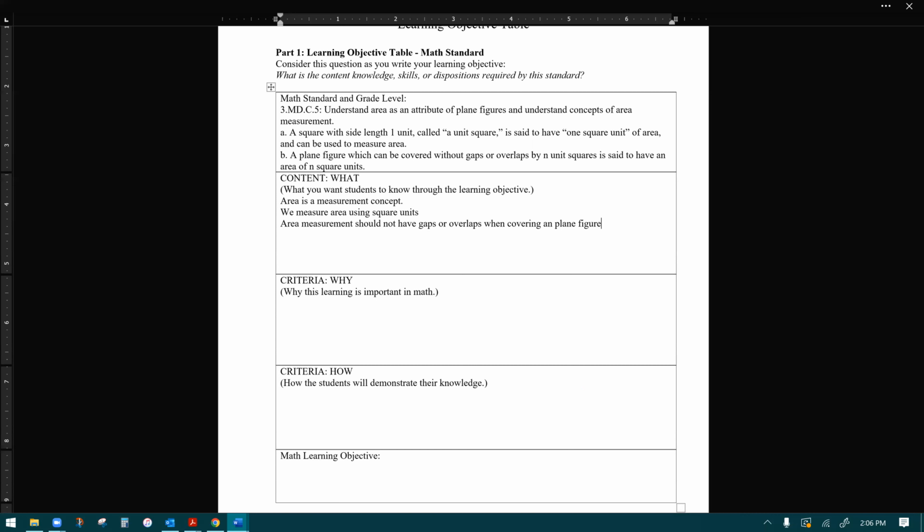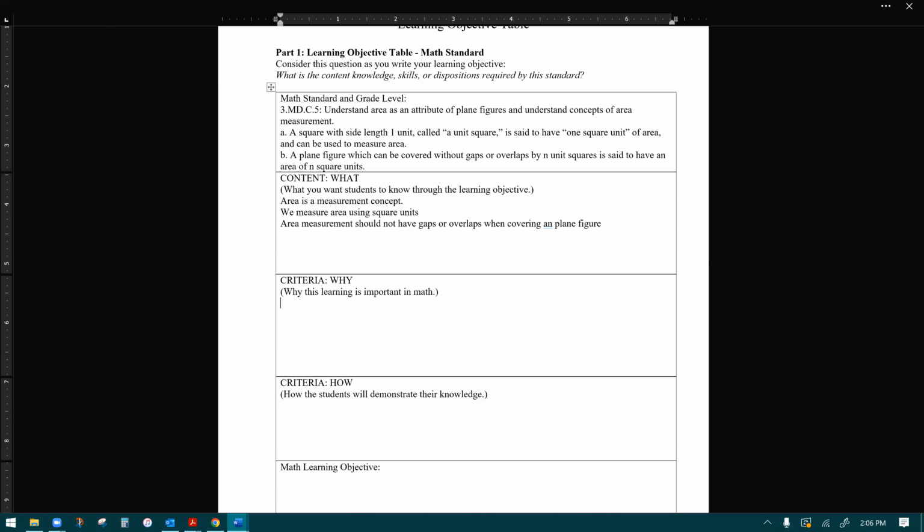All right, so we measure area using square units. Area is a concept of measurement. Area measurement should not have gaps or overlaps. Okay, so why is this important? Well, we use area in real life all the time.